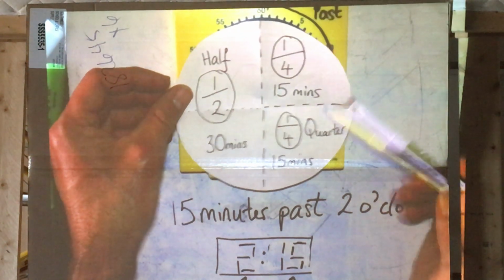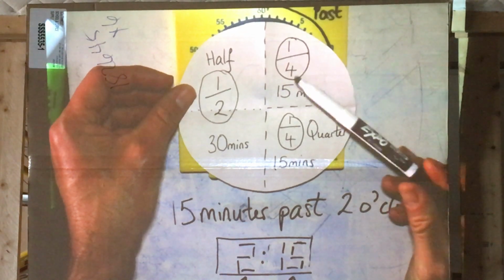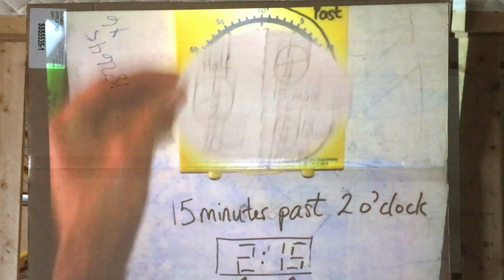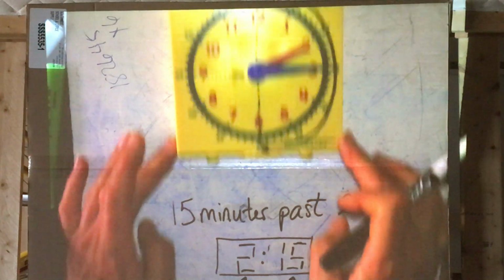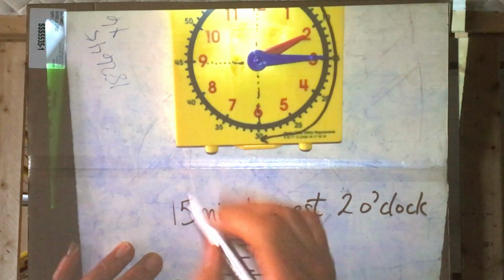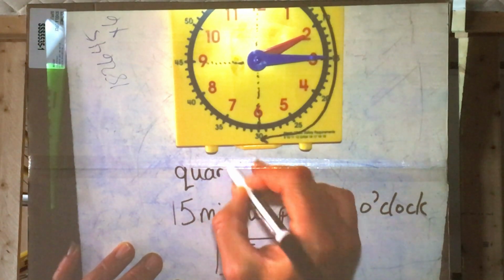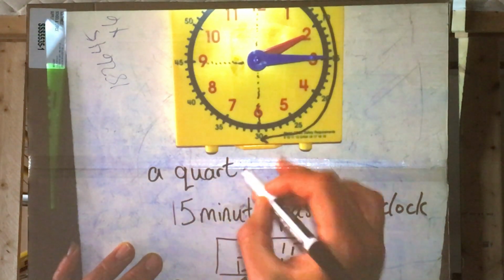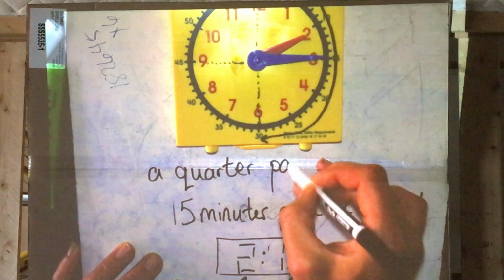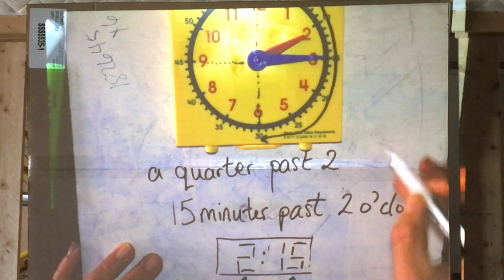Now, we said that 15 minutes is a quarter. So another way to write it would be a quarter past 2 o'clock.